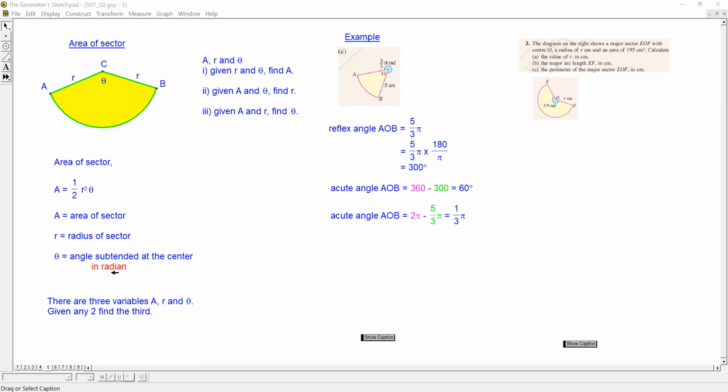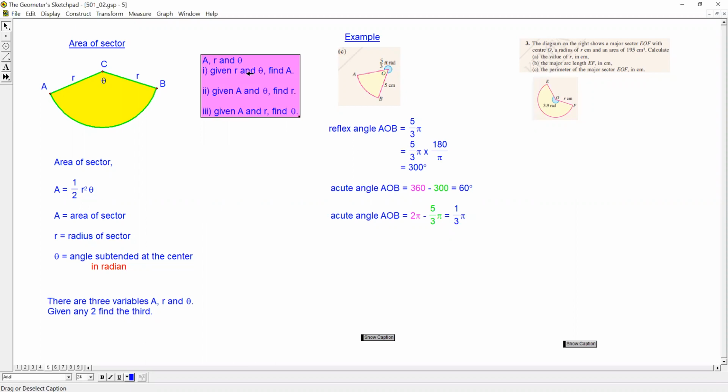Must remember, in radian. In degrees, not acceptable. So there are three variables, A, r, and theta. Given two variables, you must find the third one. If you alternate them, you will get three cases like this.